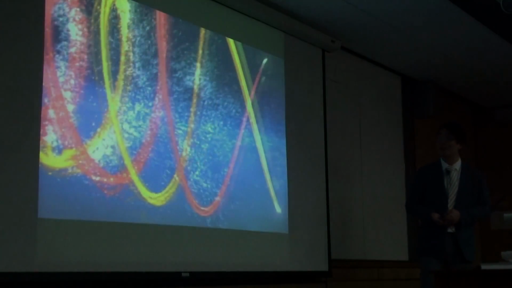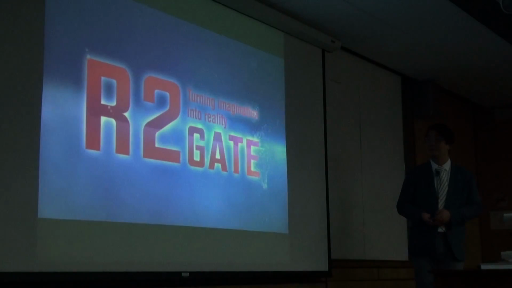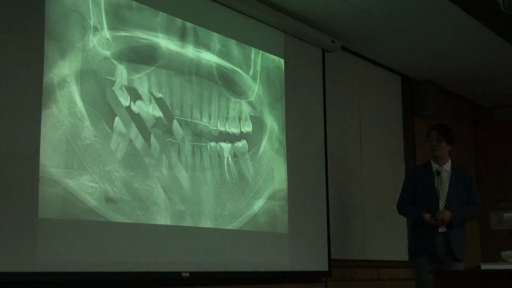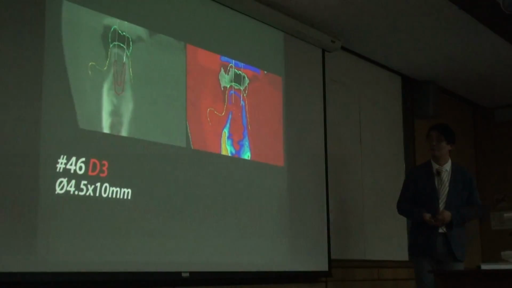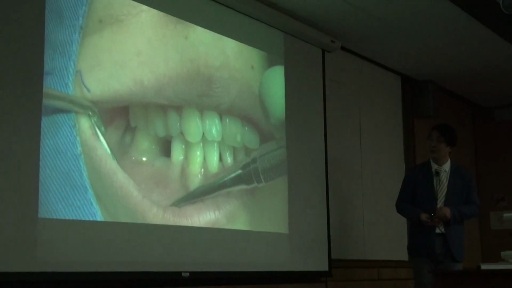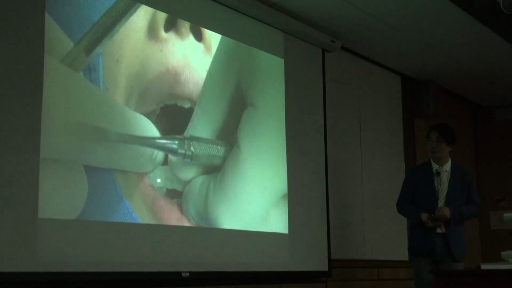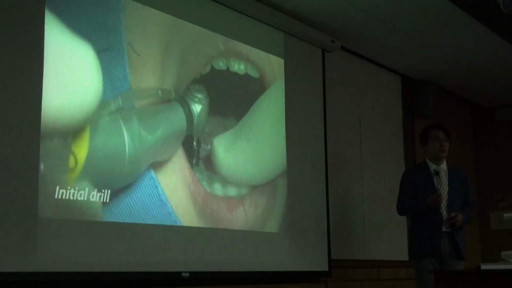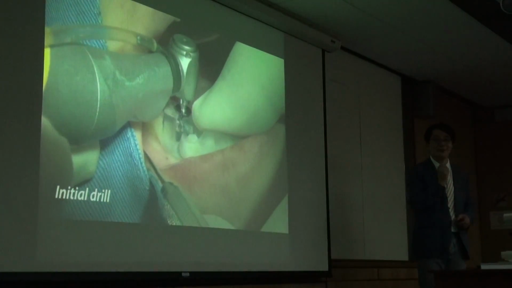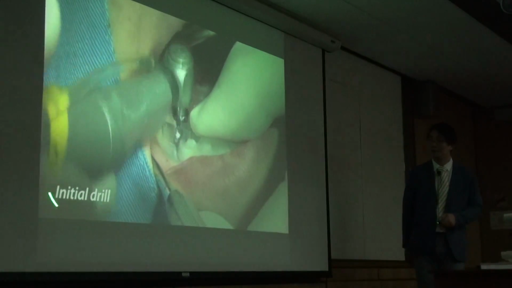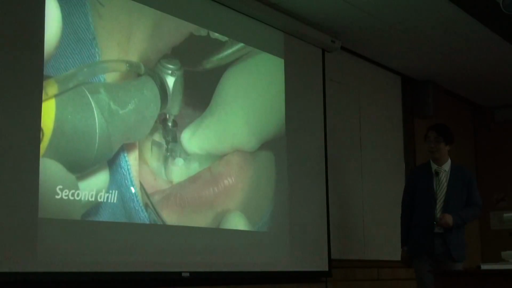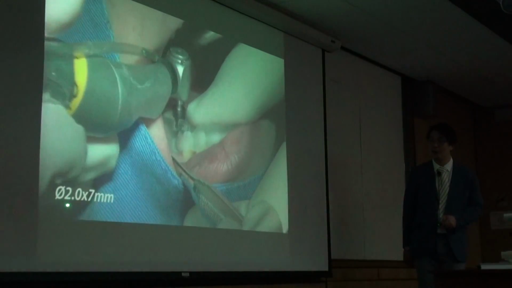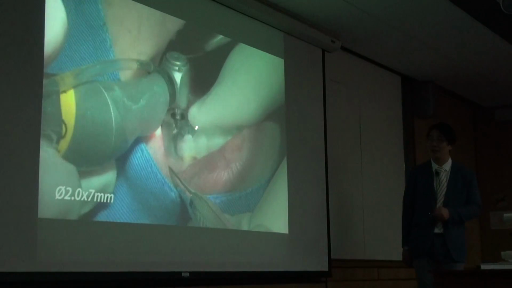So, starting the surgery. Under these conditions, put in a stent. It takes no time, so you have to make very nice impressions. Initial drill and second drill, Any-Reach case, and 2.0 by 7 is mandatory, essential.